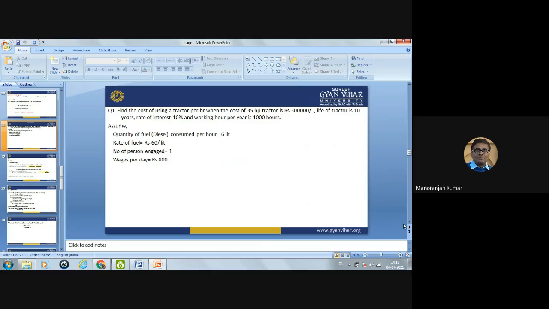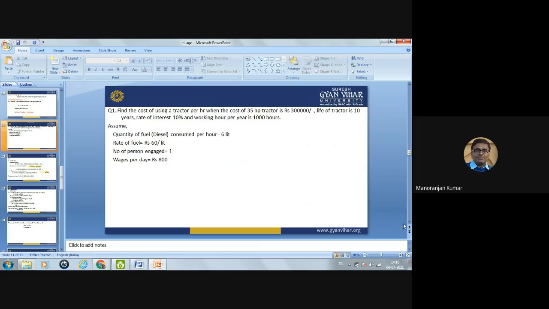Okay. Life of the tractor is given, that is 10 years. Rate of interest is given 10%, and working hours per year is given 1000 hours. You have to assume the quantity of fuel consumed per hour 6 liters, rate of fuel rupees 60, and number of persons engaged here 1, and wages of that person per day is rupees 800 for 8 hours.